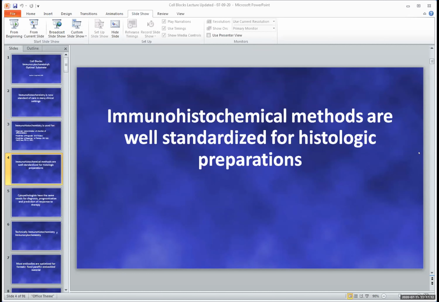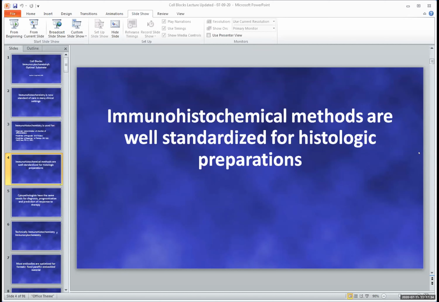Now, immunohistochemical methods are very well standardized for histologic preparations, meaning formalin-fixed, paraffin-embedded materials. We also have large libraries of controls so that we know that our staining protocol actually worked for that particular antigen.